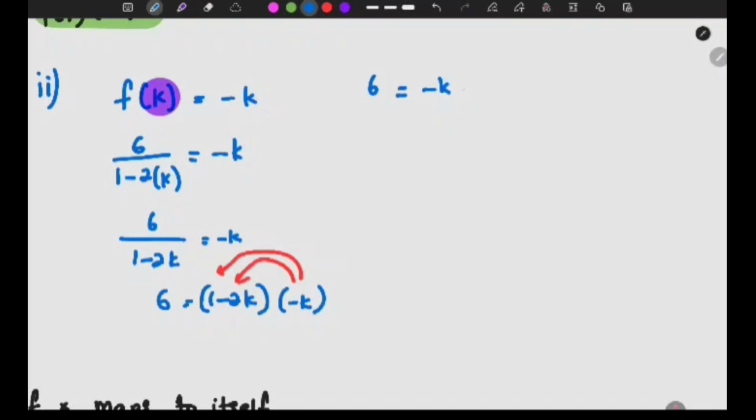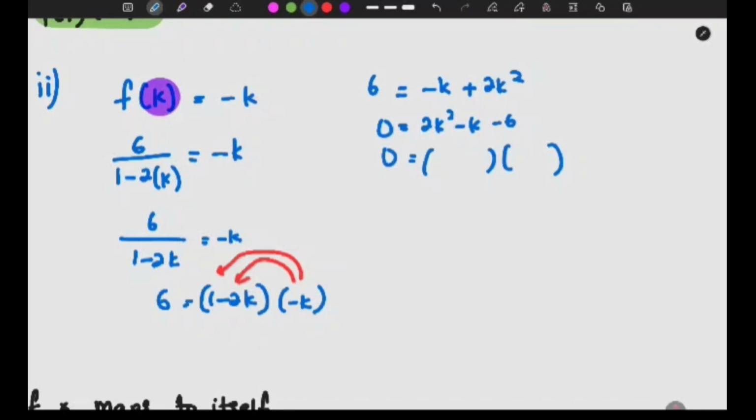And now it's a quadratic, so press your calculator. If you press mode, equation, degree, and you key in your A, your B, and your C, you get the answer 2 and negative 3 over 2.